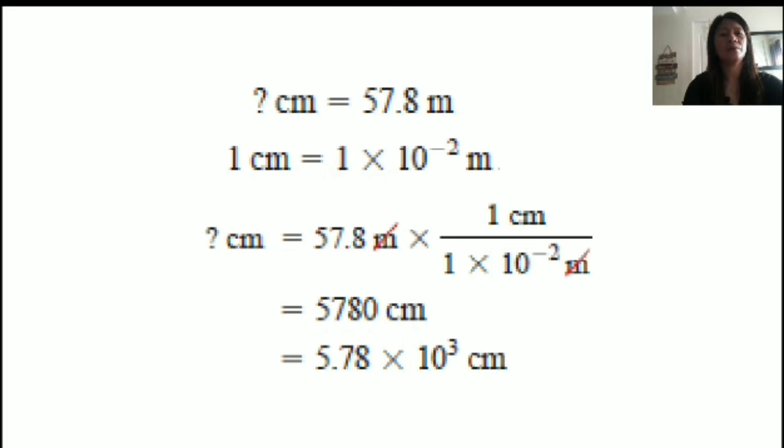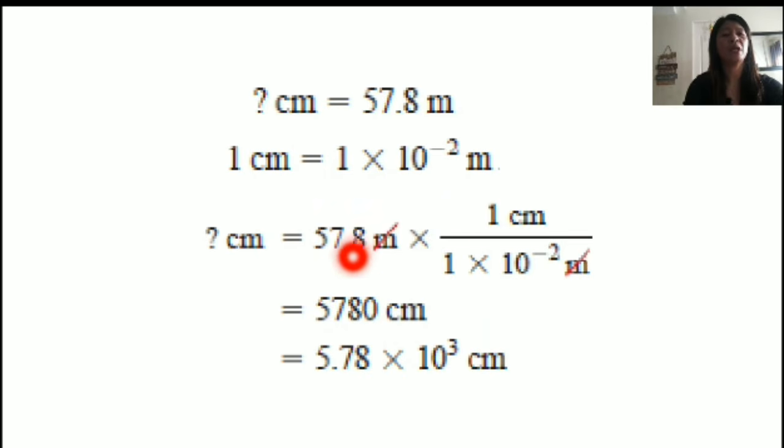So for the solution, this is what we're looking for. This is what we are given, 57.8 meter. Multiply that by the conversion factor taken from this equivalent. So you chose this because you can cancel meter here and meter in the denominator to arrive at the required unit, centimeter.